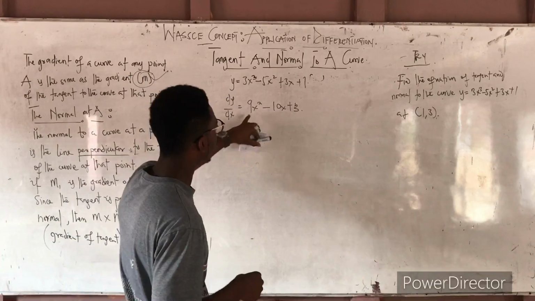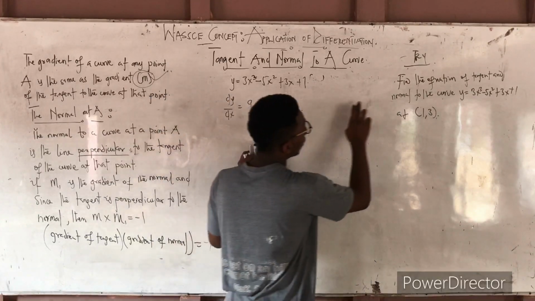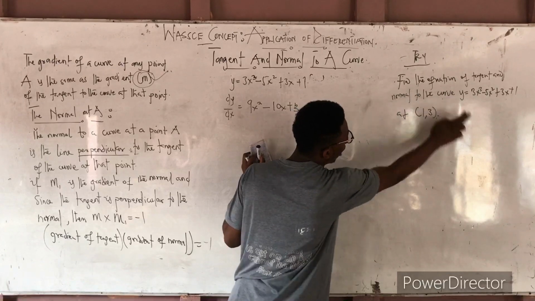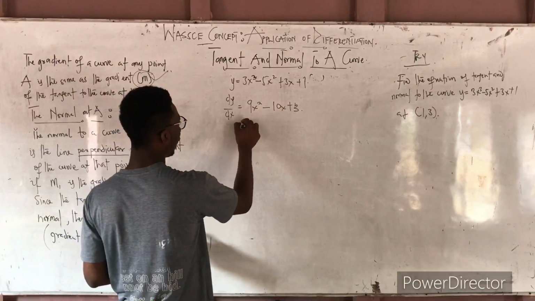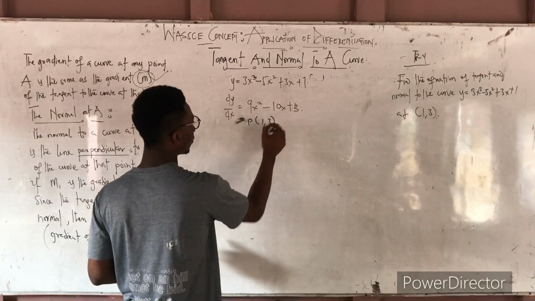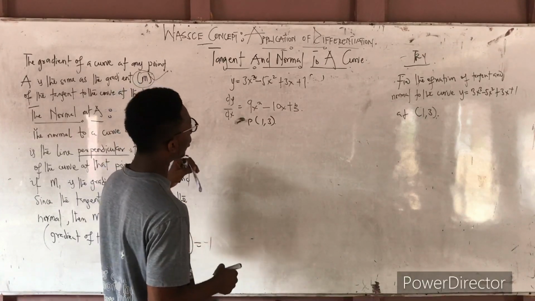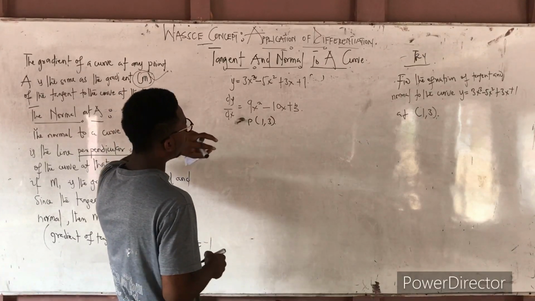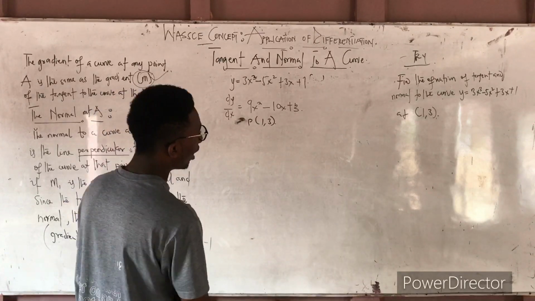And so we need to find the equation of the tangent and normal at this point. So the point P is (1, 3).